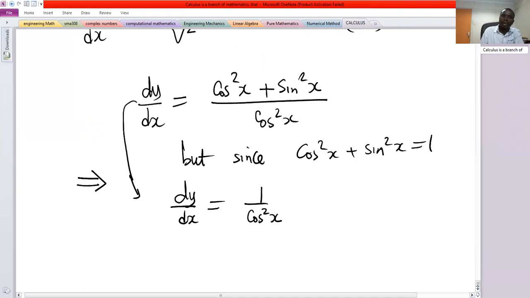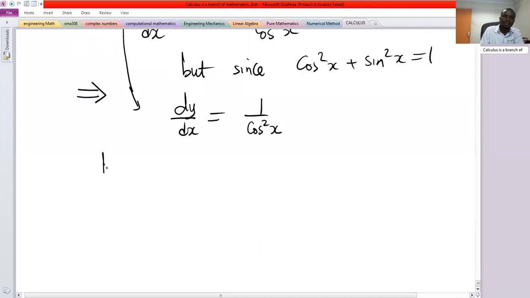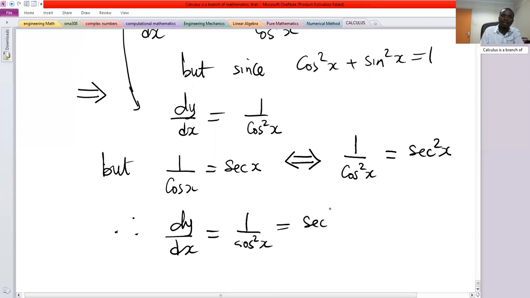But 1 over cos x is the same as sec x. So it's the same thing as saying 1 over cos squared x is the same as sec squared x. So therefore, dy dx equals 1 over cos squared x, which equals sec squared x.